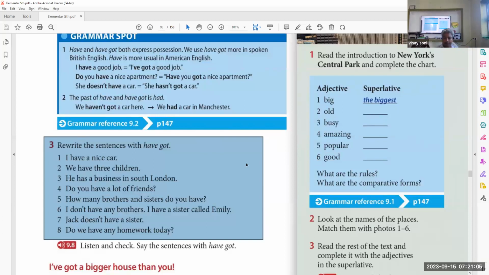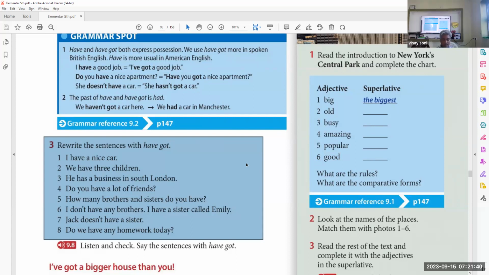Are you guys done? Number 8. Do we have any homework today?